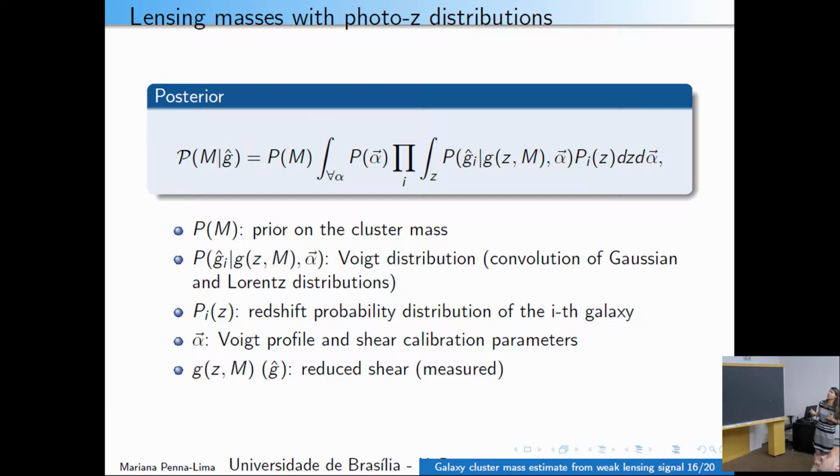This term here is the redshift probability distribution of each background lensed galaxy. And another point is that this is the probability distribution of the reduced shear, but you also have to deal with the calibration of this quantity, because you measure a reduced shear given your data and you have to calibrate it. In general, for Weighing the Giants, it's just an additive calibration. You have to study it again.